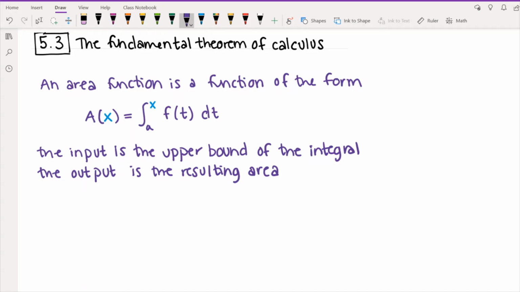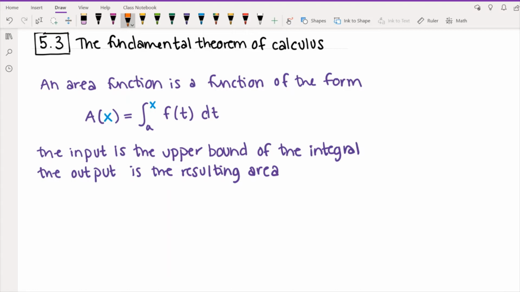Again, we'll get into an example in a second that I think will clarify everything, but there's one other thing I want to point out that maybe seems a little strange to you. You might be wondering, why do we have an x here and then a t here? It's because these two things represent two different things. The x is the input variable of this area function.